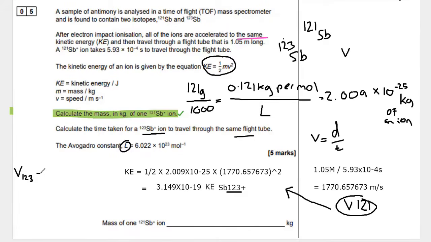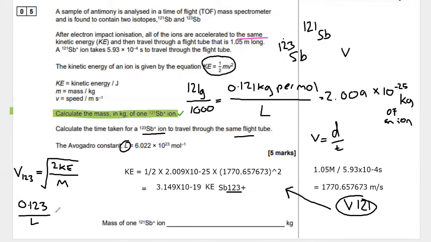V123 is going to be equal to the square root of 2 times the KE, so we get rid of the half, over the mass. What is the mass of 123? Remember, we had to divide by 1,000 to put it into kilograms. So it's going to be 0.123 over Avogadro's. That's equal to the mass.